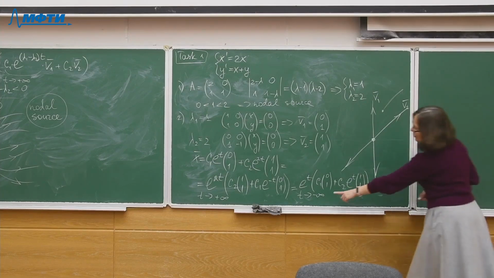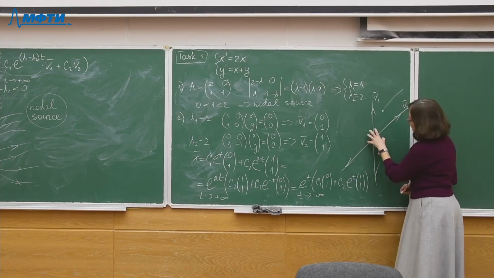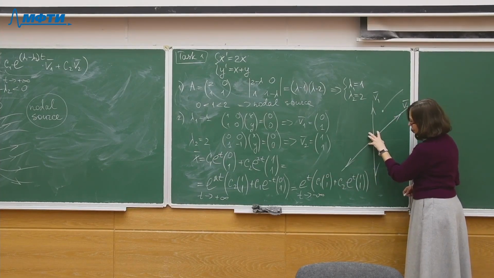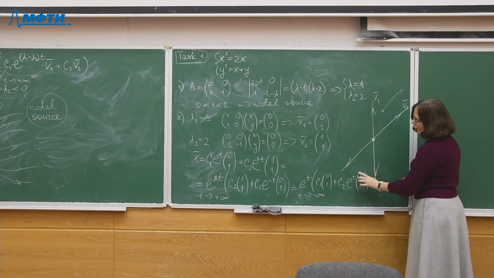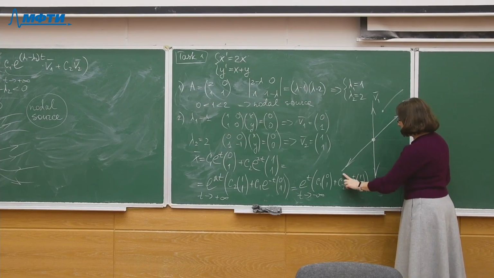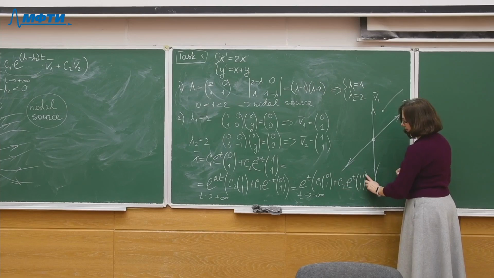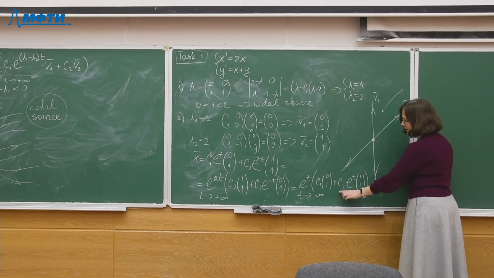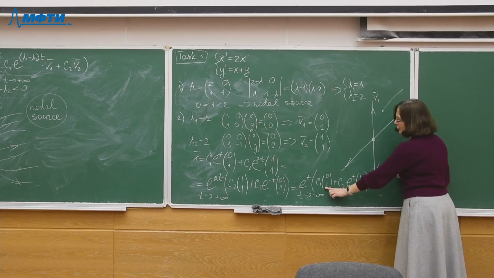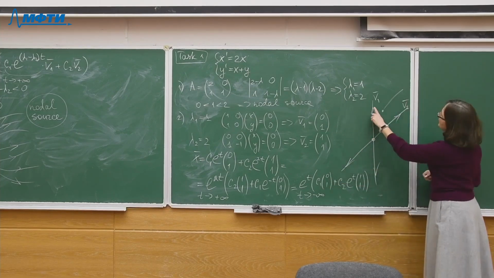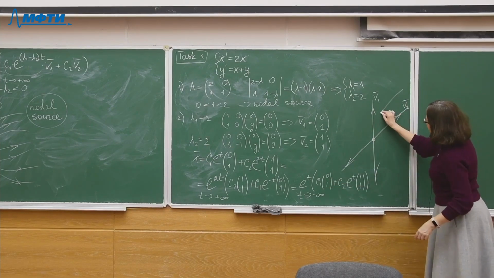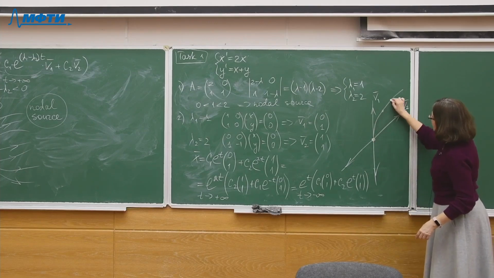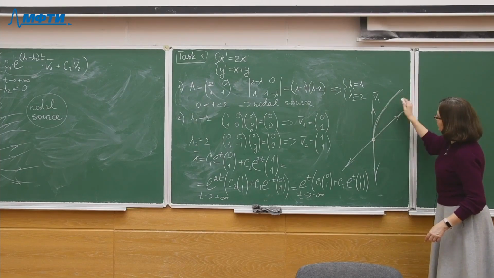As t approaches negative infinity, we are close to 0, and this term approaches 0, and we approach this vector. So we need to approach the vertical line. So it must be tangent to the vertical line in this way.